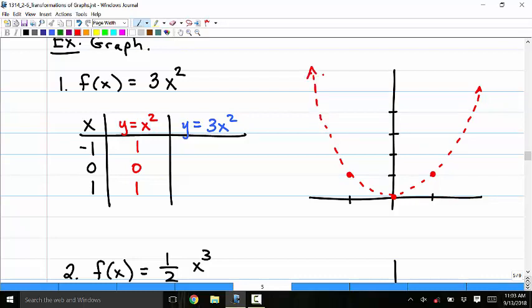We're wanting to graph y equals 3 times x squared. All you're going to do is multiply all of your y values by 3 on your parent graph. So 1 times 3 is 3, 0 times 3 is 0, 1 times 3 is 3. You now have the points negative 1, 3, 0, 0, and 1, 3.